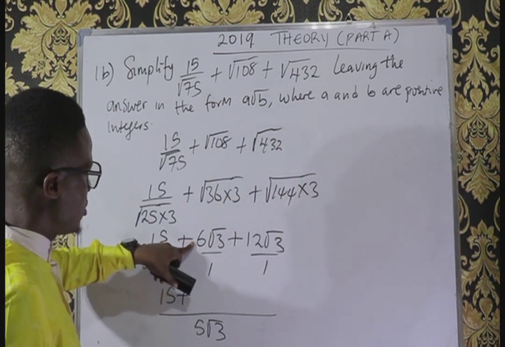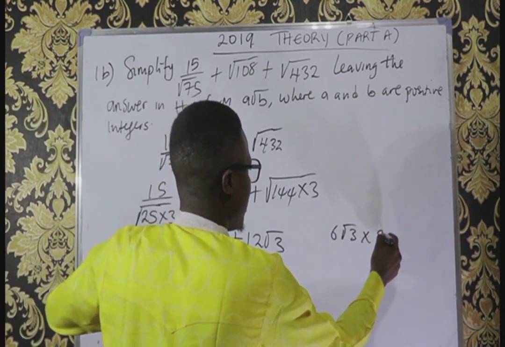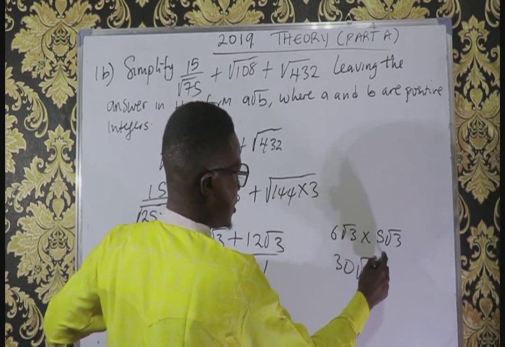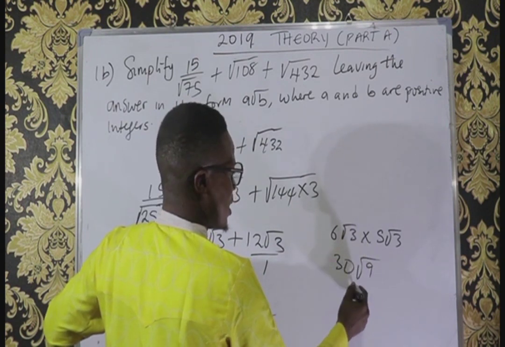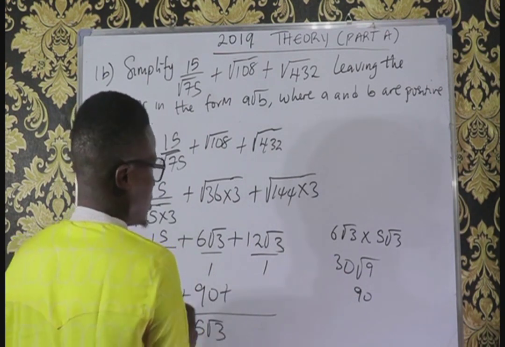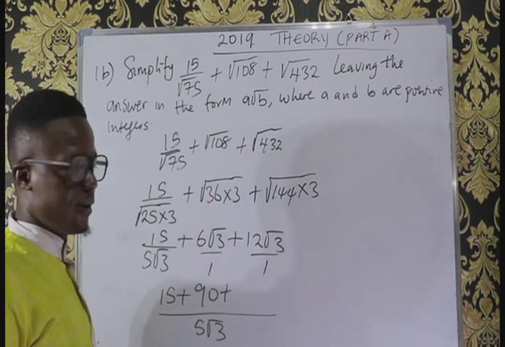So use 5 root 3 to times 6 root 3. 6 root 3 times 5 root 3. Now 6 times 5 is 30. 3 times 3 is 9. Square root of 9 is 3. 3 times 30 will give us 90. So this one is 90, plus, you say again, 5 root 3 divided by 1 is 5 root 3.